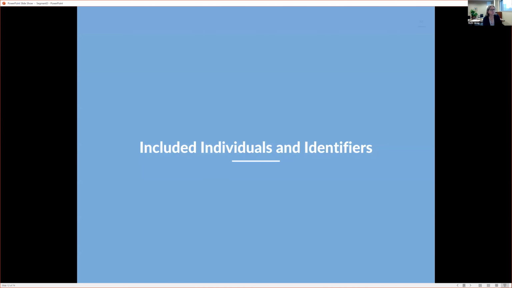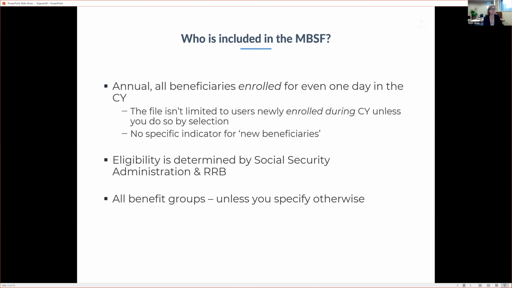So in terms of included individuals and identifiers, who is included in the MBSF? As I said, this is an annual file, and all beneficiaries enrolled for even one day in the year are included. So it isn't limited to people who use services. It's anybody who receives that Medicare card, who's enrolled.